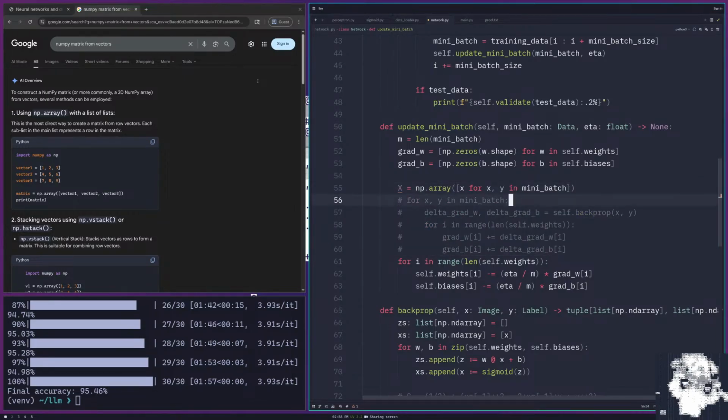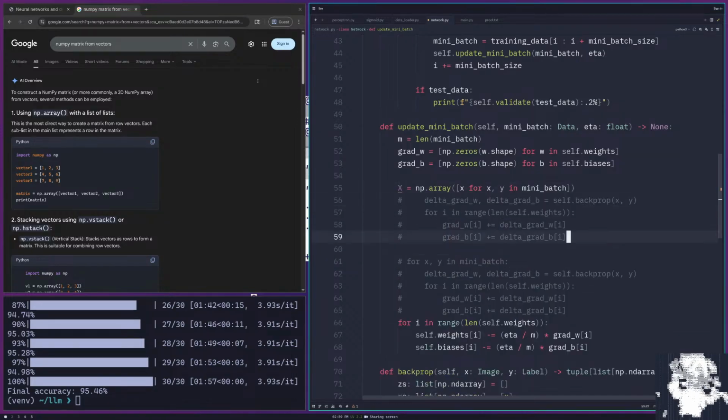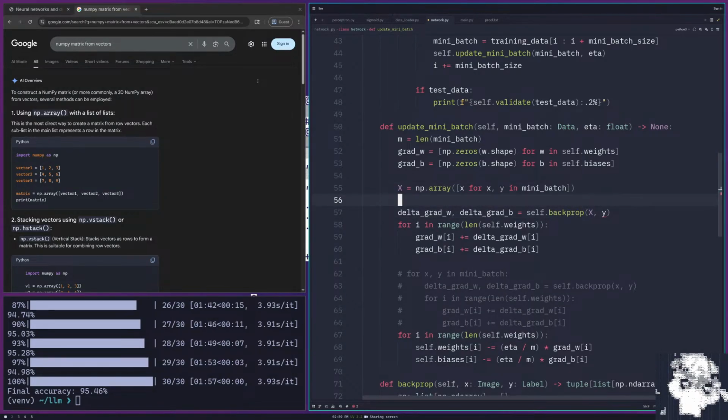So let's comment this for a second. Well, actually, I want all this stuff. I just don't need to do it in a matrix. So backprop with an uppercase X. Let's make a Y similarly.